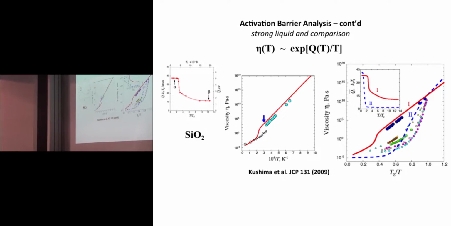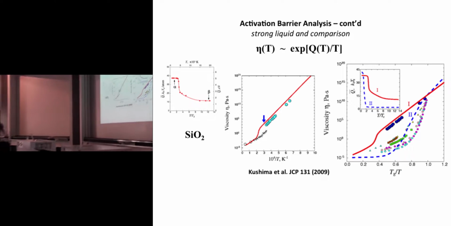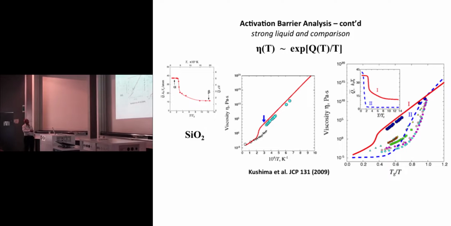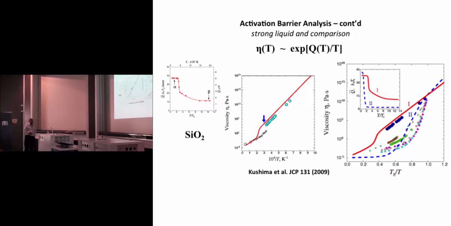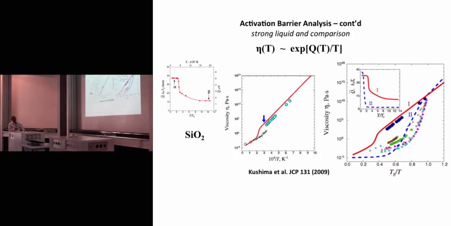But if you could, we actually predict there is a crossover from strong to fragile here, and then back from fragile to strong. And there's evidence of that from some MD simulations at this low viscosity. That's just a note. But the point is that through this particular expression, we can explain pretty well the qualitative behavior, or even semi-qualitative behavior of the shear viscosity.